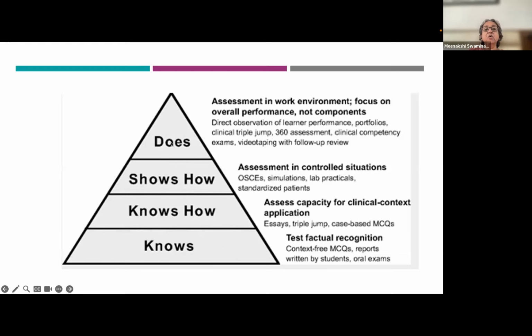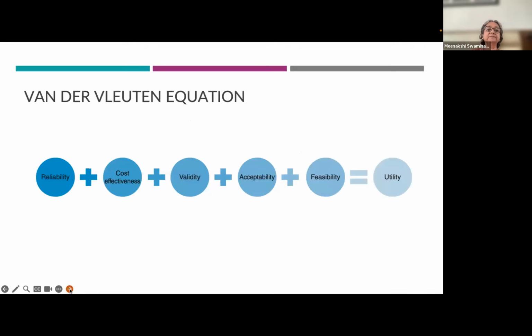And finally, when they actually do it in the workplace, then you do the assessment in the work environment, where you do the direct observation of the learner performance or portfolios. That is also something that we now increasingly call the workplace-based assessment or the direct observation. The 360-degree assessment also falls into this.